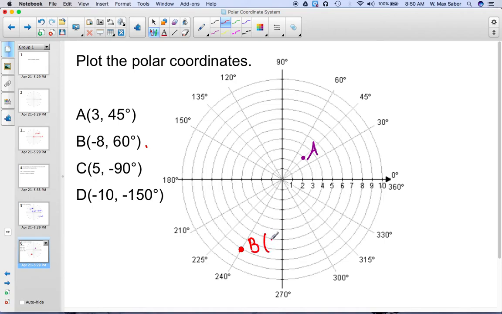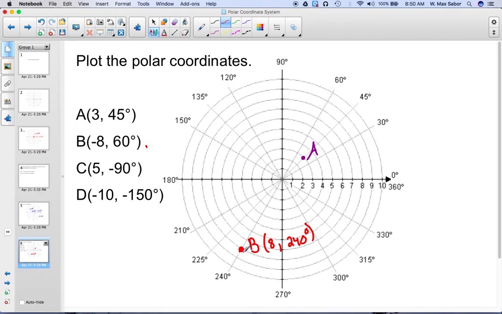You'll notice that this is the same as 8, 240, because 240 and 60 degrees are 180 degrees apart. So here would be 8, 60.